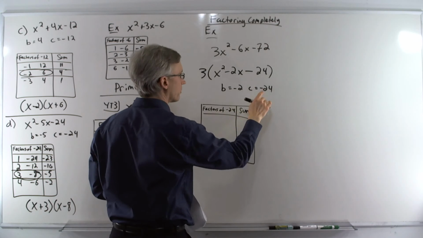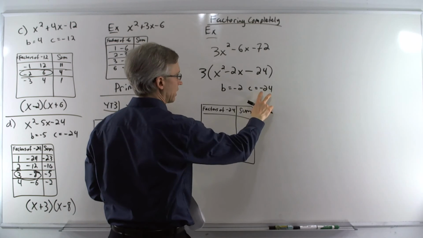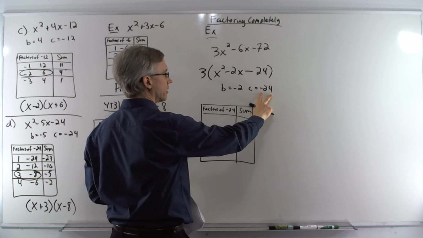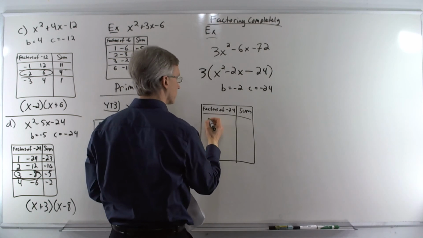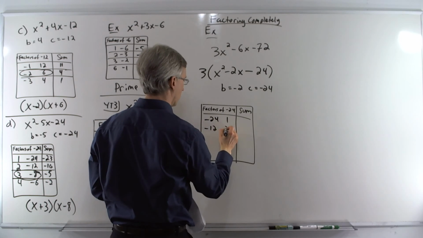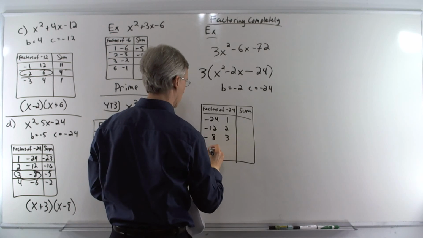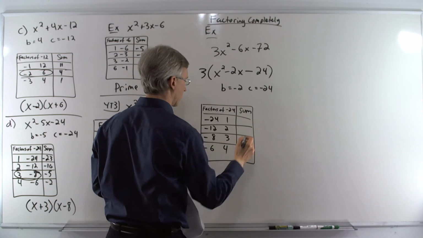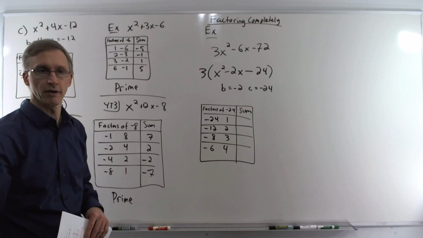So now we want two numbers that multiply to get negative 24 and add to get negative 2. So we're going to have two oppositely signed numbers, one positive, one negative. And their sum is negative, so that means the bigger number should be negative. All right, so there's our factors of negative 24 with a bigger negative number.